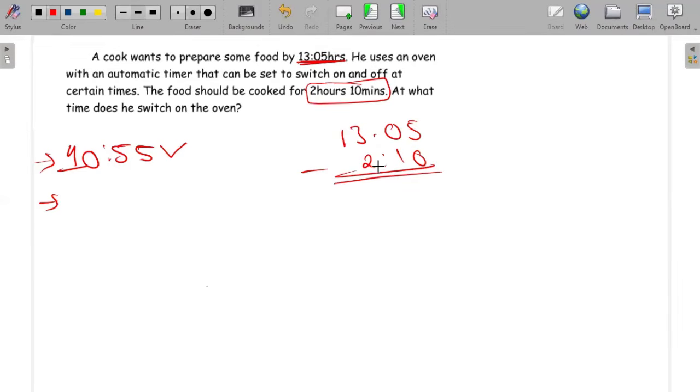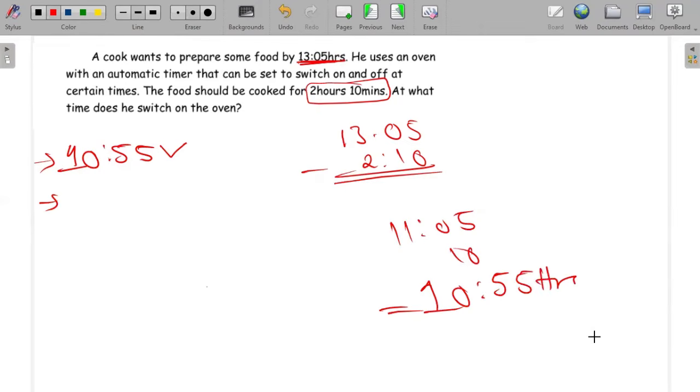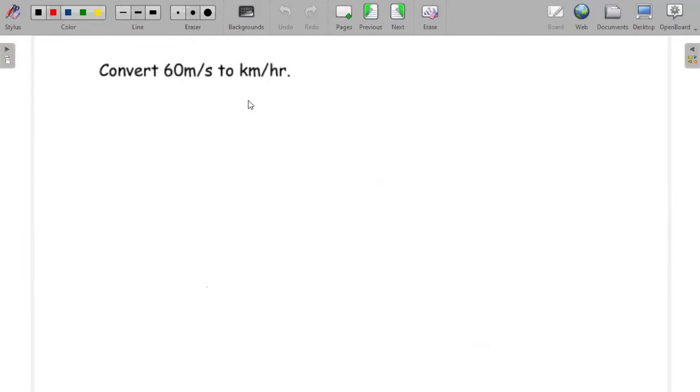But if you want, you can just subtract 2 hours from 13:05. You're going to get 11:05. Then you subtract 10 minutes from there. You're going to get 10:55, not 10:05, sorry, but 10:55. That is the final answer for question 6.